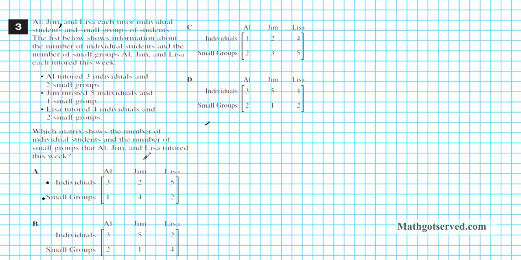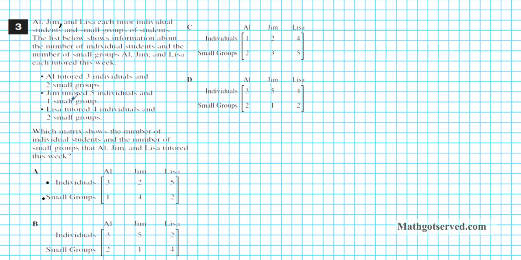The column assignments, Al, Jim, Lisa, are identical, so that's not different. So what's different in these four matrix arrangements are the elements of the matrix. They all switched around.